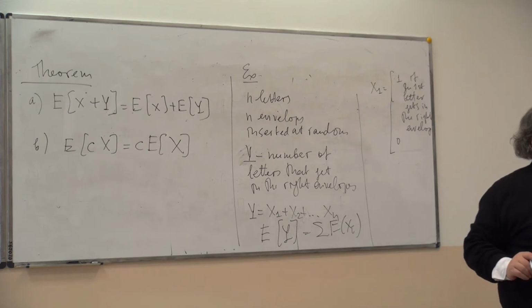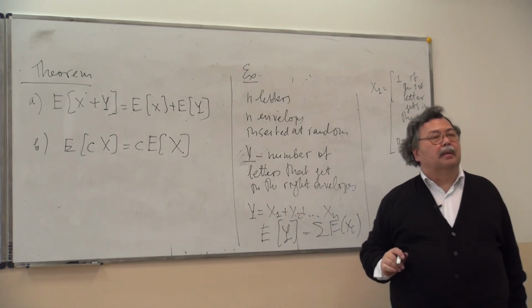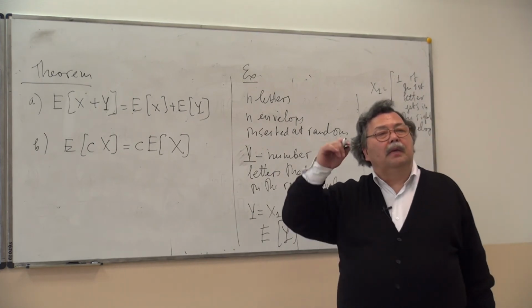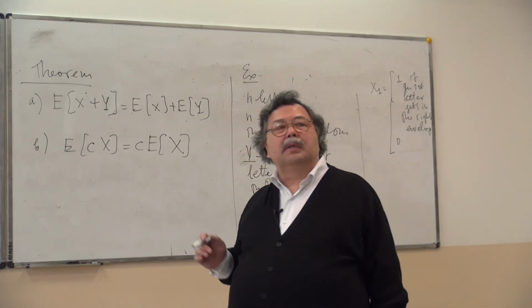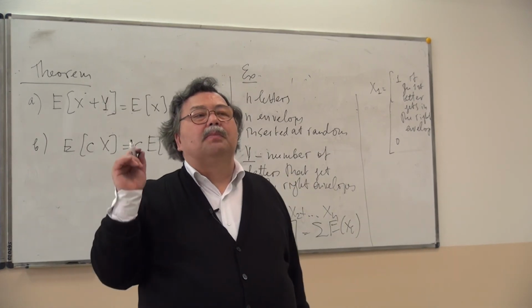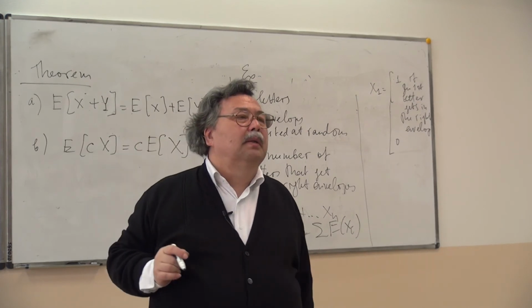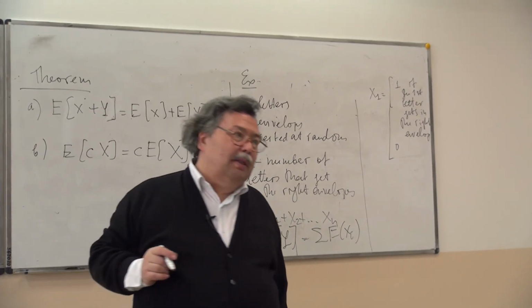And what's the expected value of x1, for example? Now, if the letters are inserted in the envelopes at random, then what's the probability that the first letter gets into the right envelope? It's 1/n.